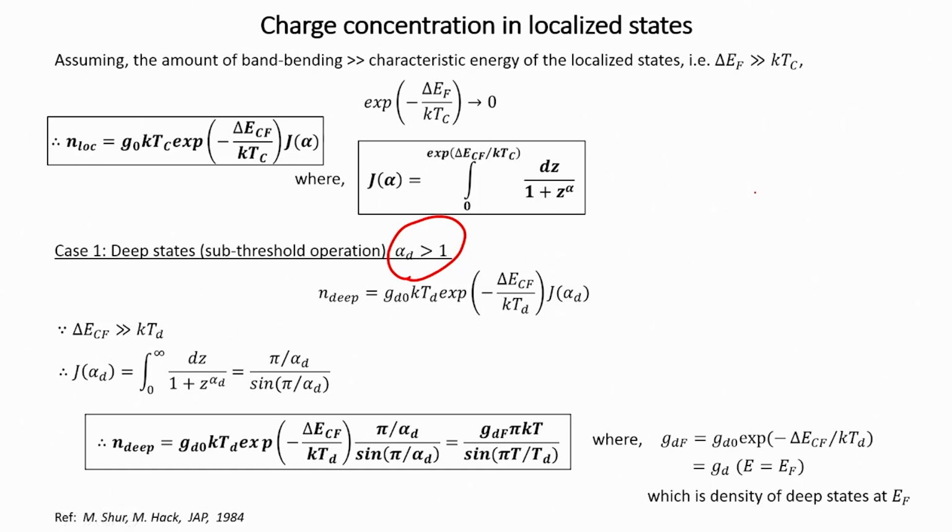Now it so happens that in this particular example, if alpha is greater than 1, which means the characteristic temperature is greater than your ambient temperature, which happens in the case of deep states, then the number of localized carriers in the deep states turns out to be this particular answer here.